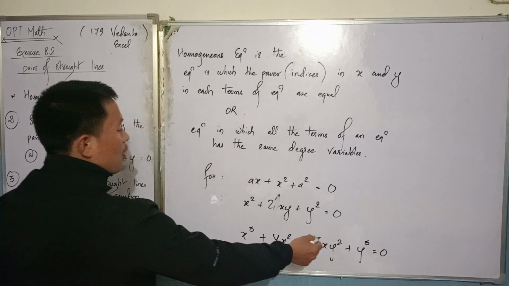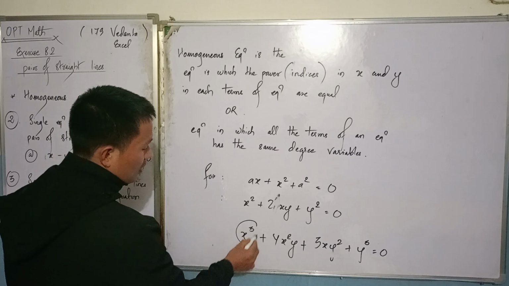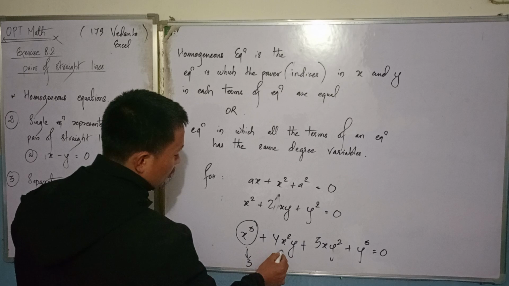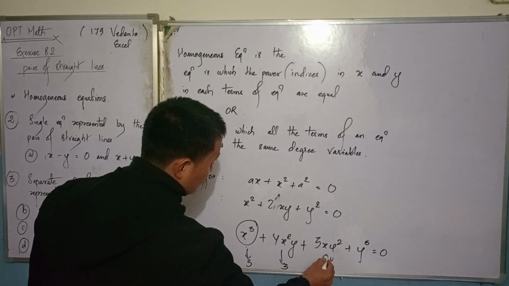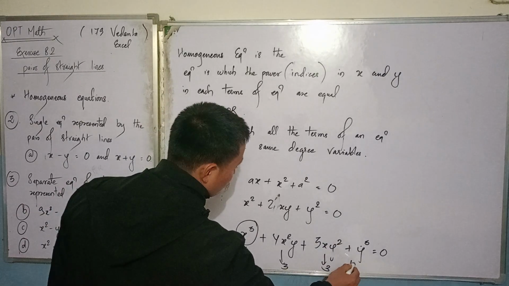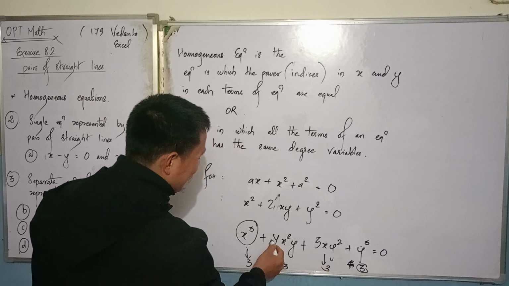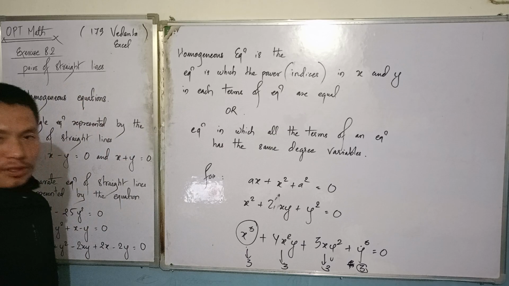This is also a homogeneous equation because here the degree is 3, here the degree is 3, here also 2 plus 1 is 3, here also 2 plus 1 is 3, and here also degree 3. So each term possesses the same degree, that's why it is a homogeneous equation.